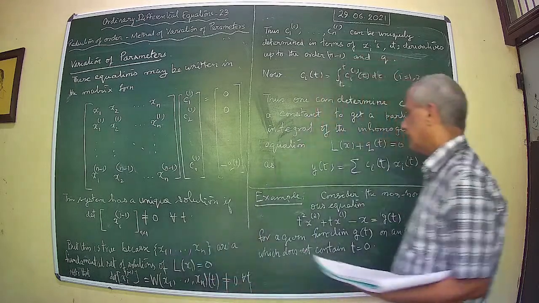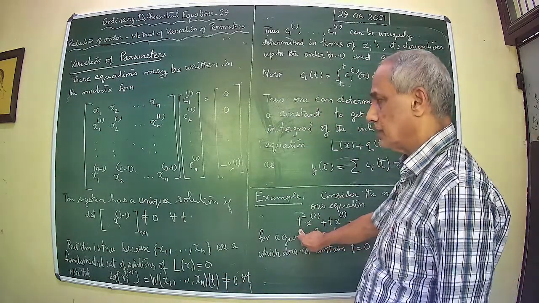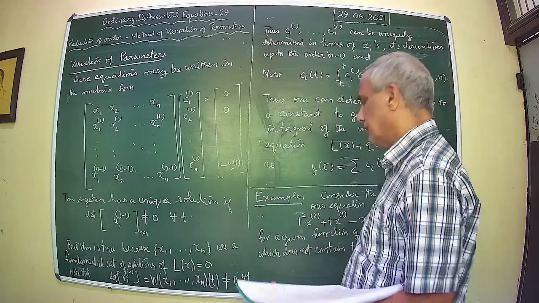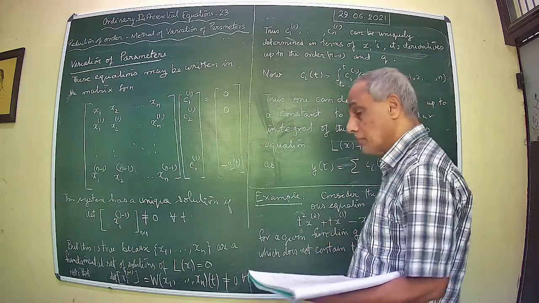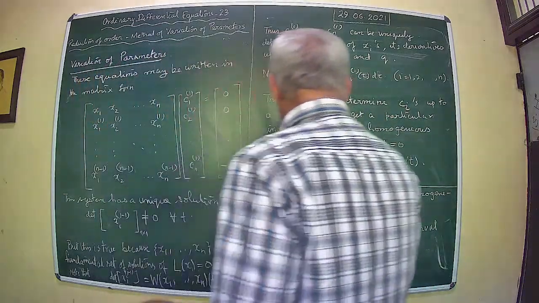zero. Now that is because you know that the leading coefficient is t square and it vanishes, and that would become what is called a singular point for this differential equation.